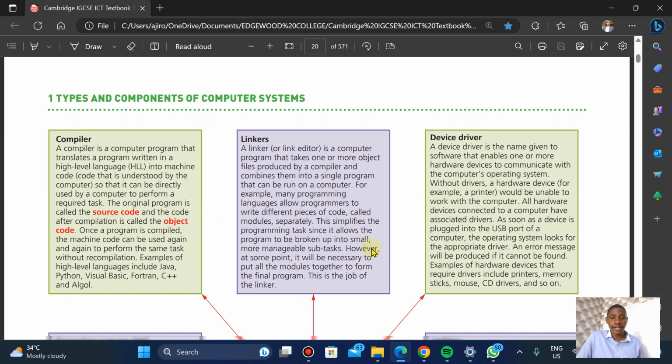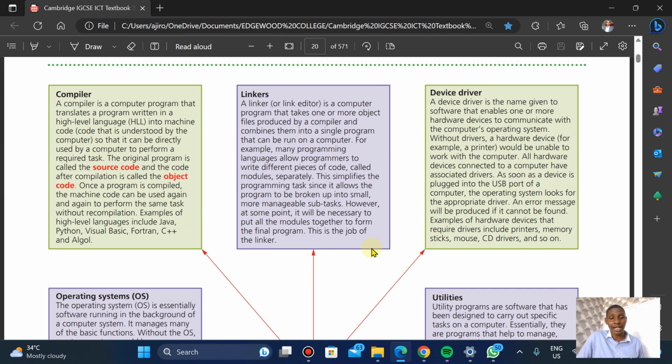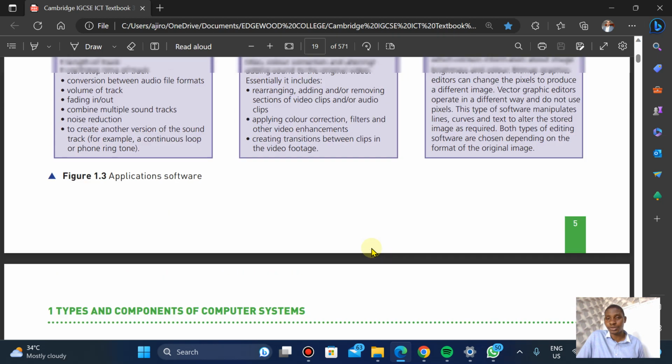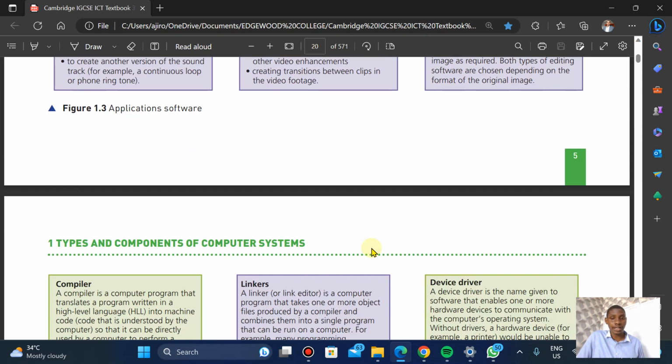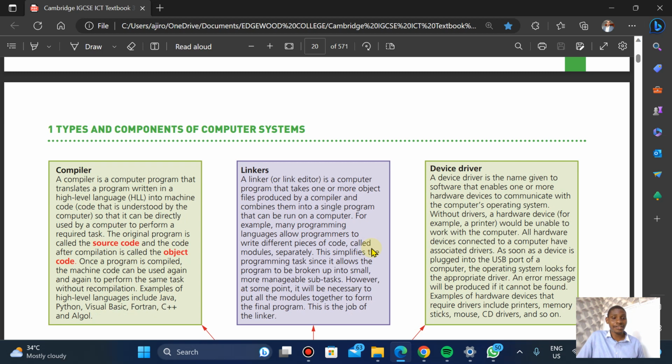For linkers and compilers, I think you've talked about this, but I'm just going to talk about them briefly. A compiler is a computer program that translates a program written in a high-level language into a machine language that is understood by the computer. Then we have the linkers, a computer program that takes one or more object files produced by a compiler.